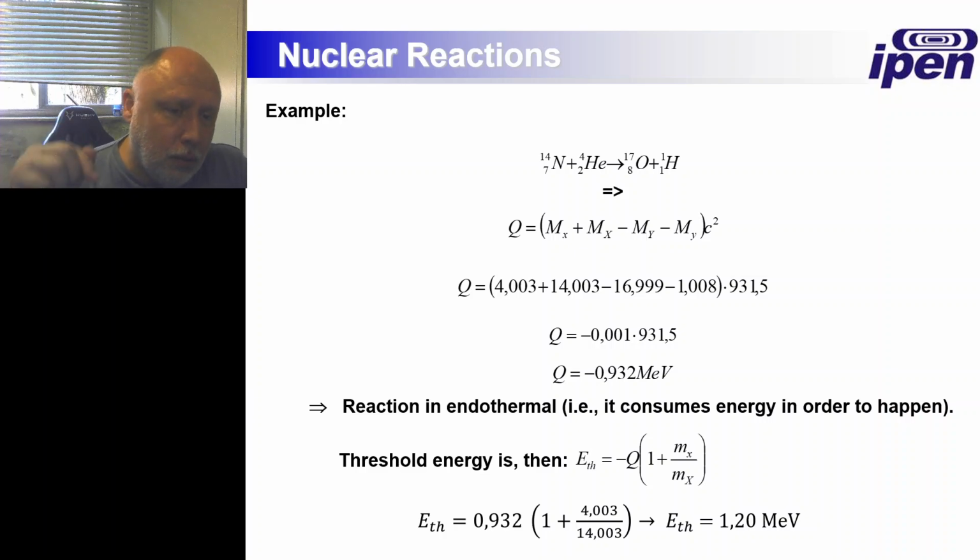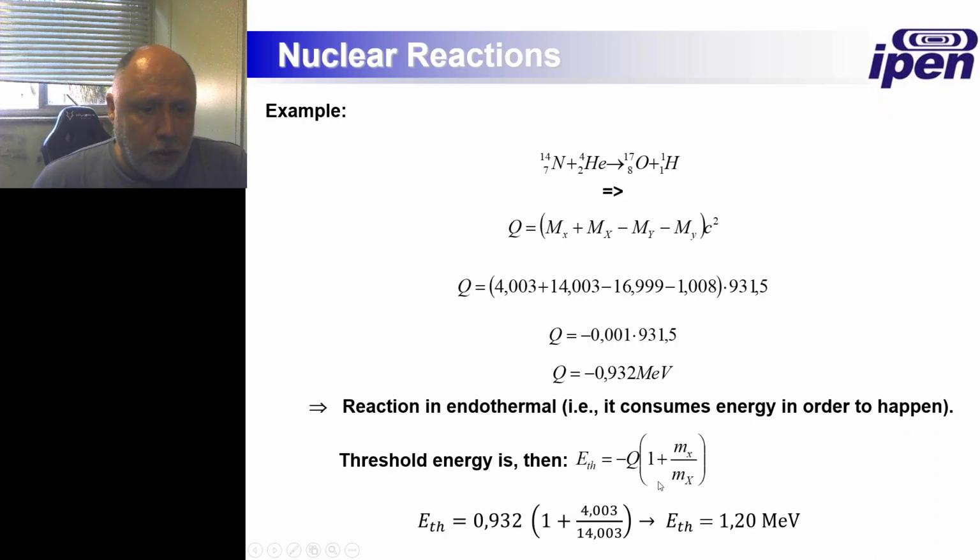So this is an endothermal reaction. These two guys here are heavier. If we sum up these two masses, they are greater than these ones. So mass is created. For that to happen, we have to bring energy to the table. It consumes energy, and so the helium particle here has a minimum energy below which this reaction cannot happen.